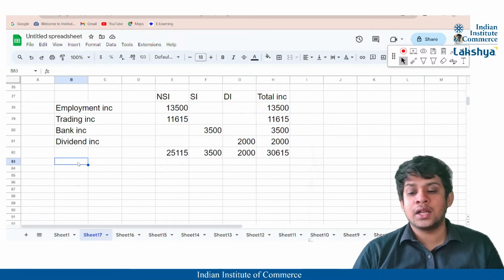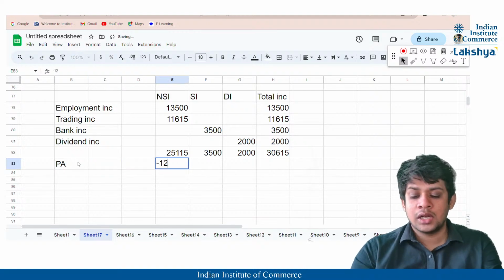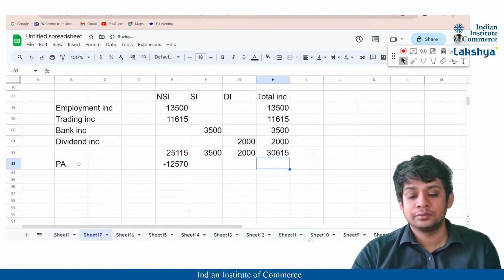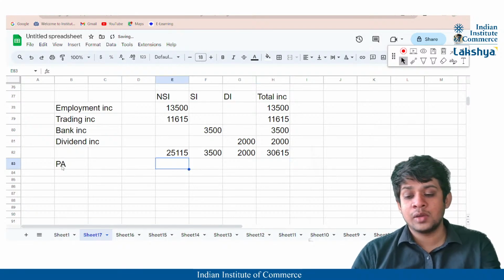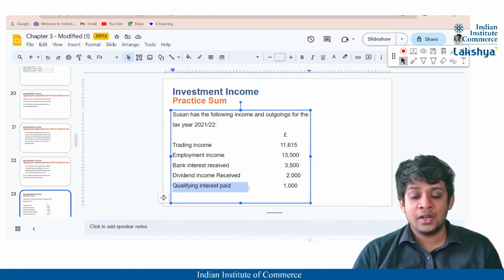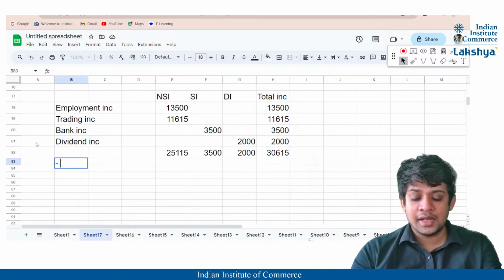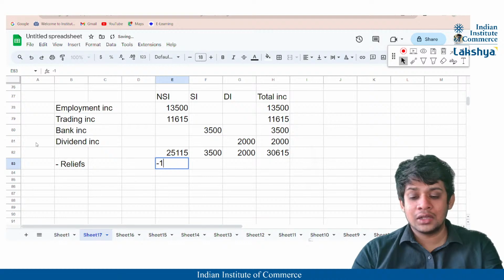Now from this total income, the first thing that I deduct is my personal allowance, that is 12,570. Sorry, before deducting personal allowance, we have a qualifying interest paid. Qualifying interest paid is 1,000, so that will be deducted. Less reliefs of 1,000 is going to be deducted.